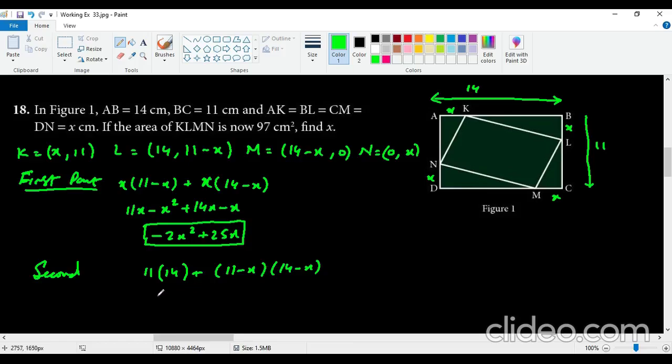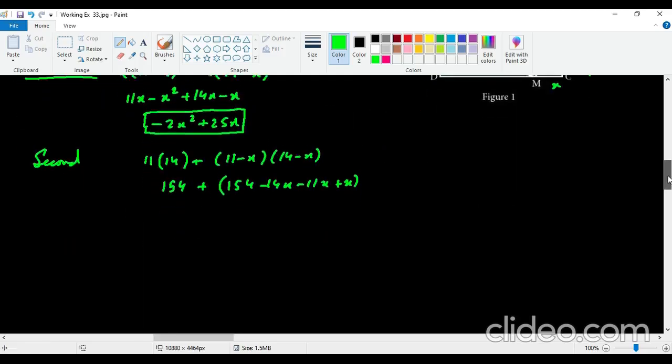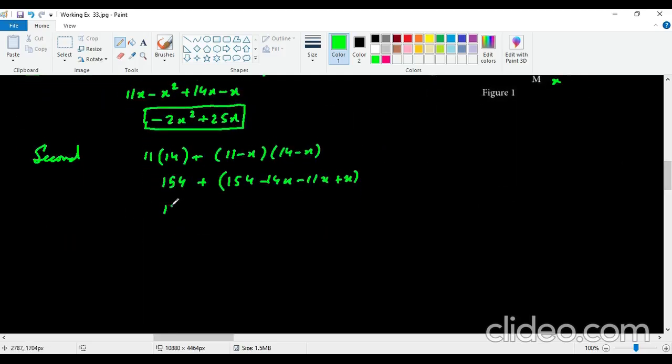When these two are added, see what we get, 154, and plus this one solves together, it gives us 154 minus 14x minus 11x and plus x square. When these two are solved together, it gives us plus 154, and these two are going to give us minus 25x and plus x square.